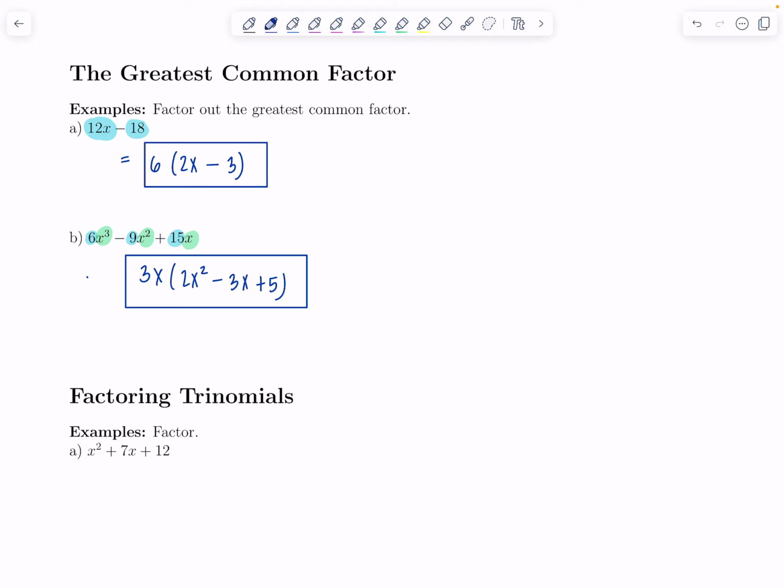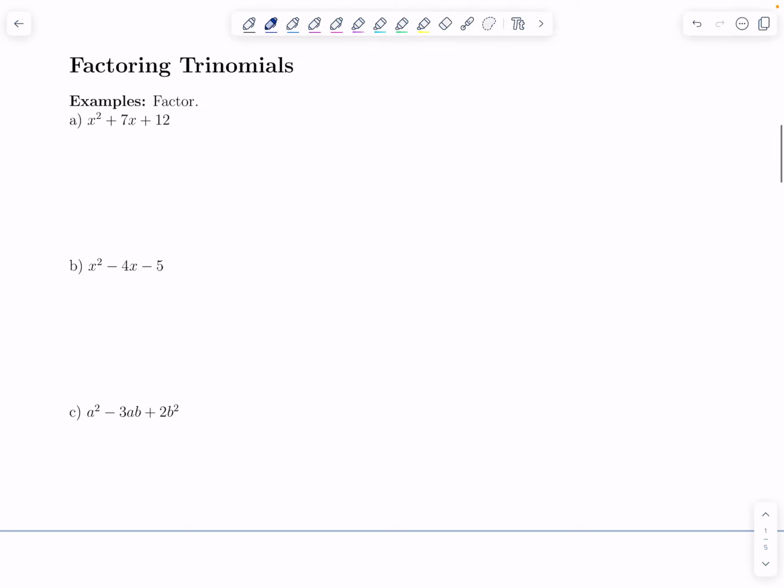Then the next thing you need to make sure you can do with ease is factor a trinomial. Usually they're quadratic trinomials, meaning the first term is squared, the second term is going to be the variable to the first, and then we have a constant. So here for the following trinomial, x squared plus 7x plus 12, it's going to factor into x plus or minus something, and then x plus or minus some other constant.